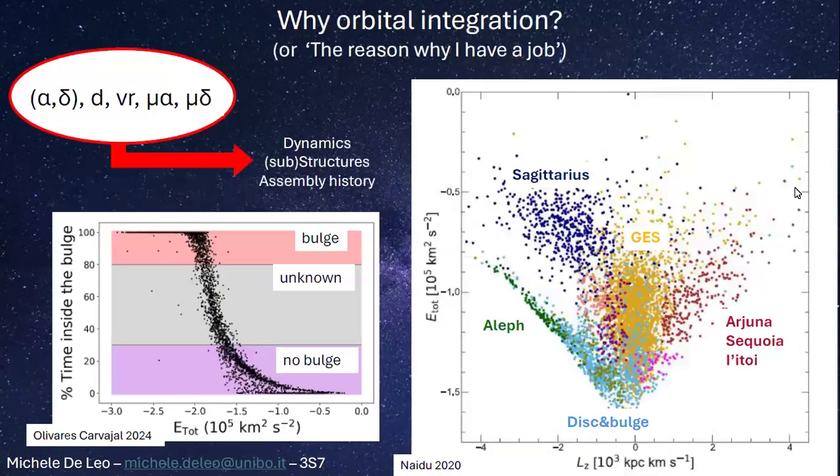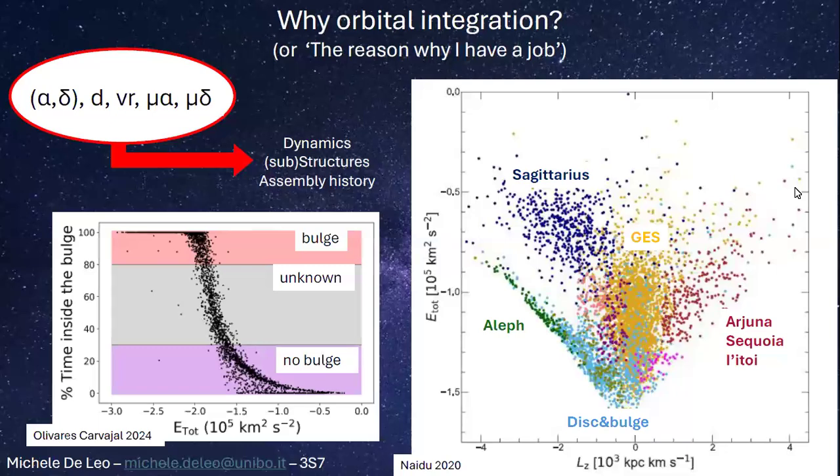So why orbital integration? Orbital integration is extremely important because it sits at the crossroads between observations and simulations: you need observable data, but also a model that you apply to this observable data. It's useful because it expands the parameter space of what we know based on the observation.